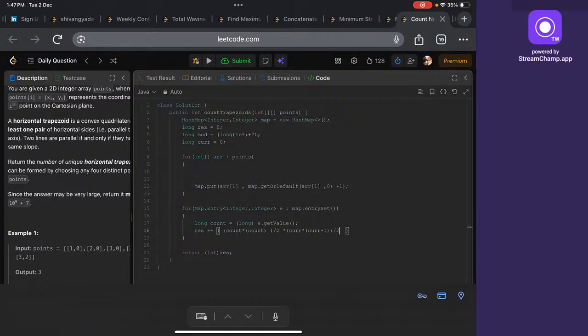I will store this result in a different value. Int t1 equal to count into count y, count minus 1. Okay, I will do this.